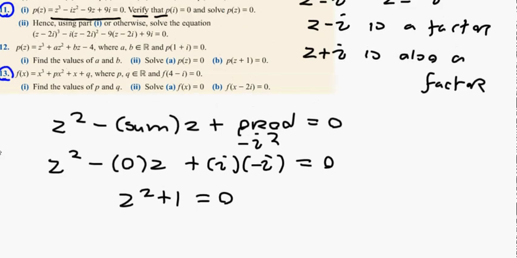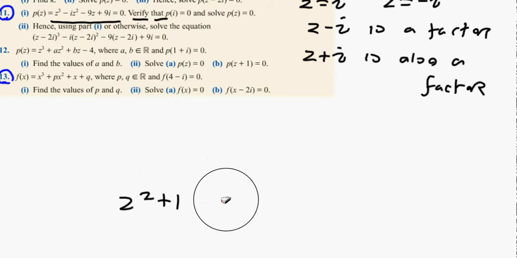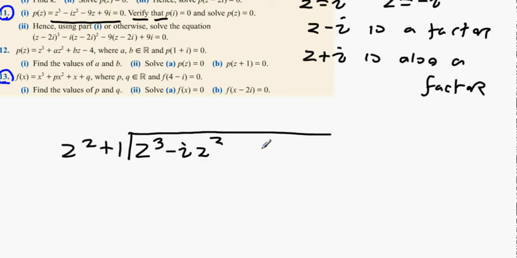So I'm going to use the quadratic part, and we're going to divide it into z cubed minus iz squared minus 9z plus 9i.